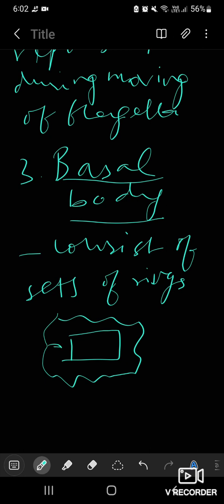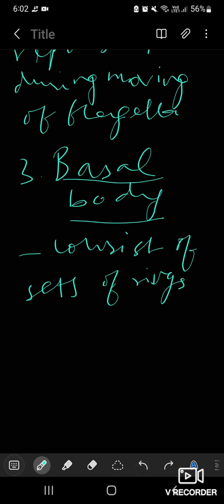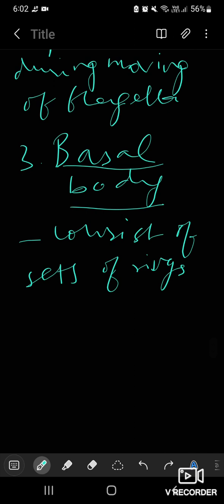So this basal body is present inside, so it's like that, right? Sets of rings embedded in the cell wall.